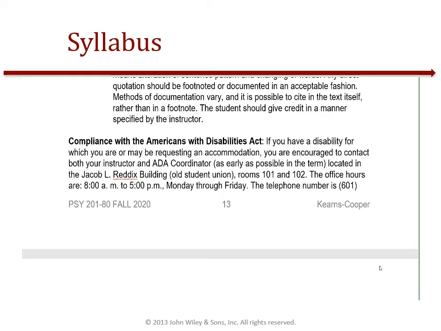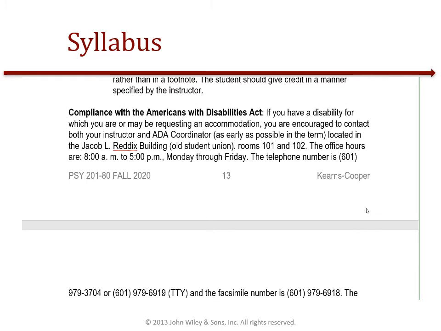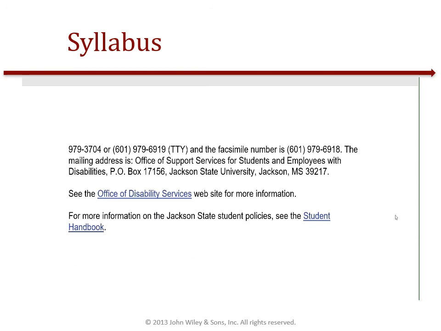You can make the call, which is right here, 601-979-3704, or 601-979-6919, and ask them to email you that form so you can have it completed. I will need a copy of that form so that I can make the best accommodations for you at that time. Without that, then you have the same accommodations that everyone else would have. So it's important for you to get that part completed.